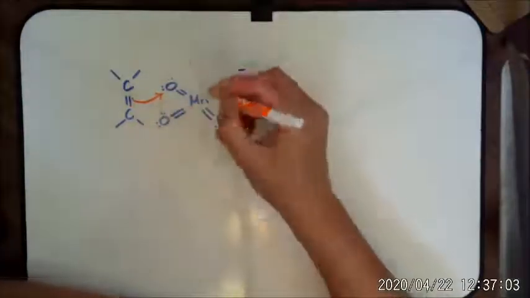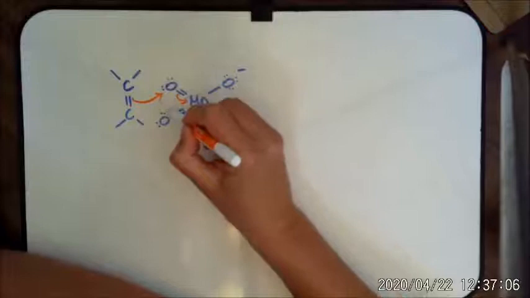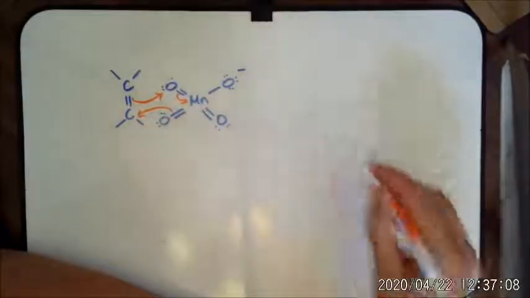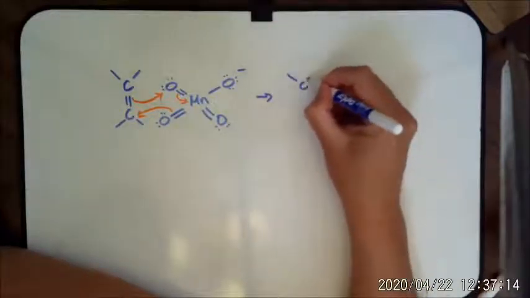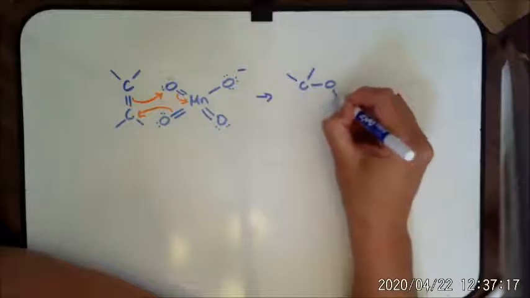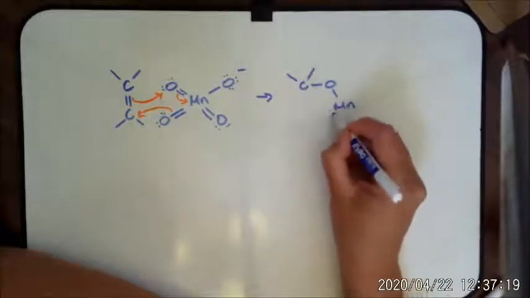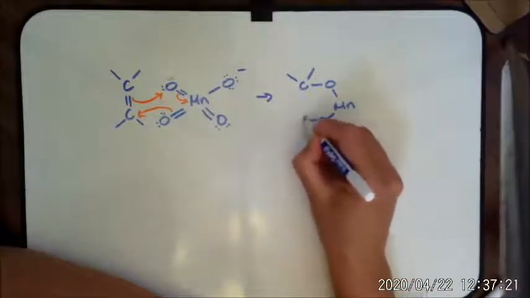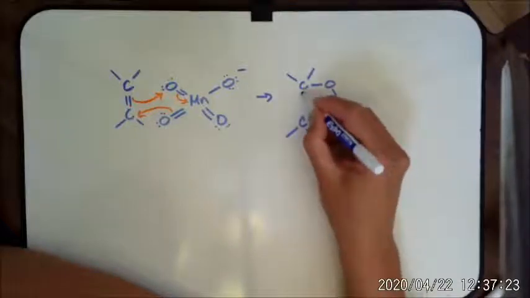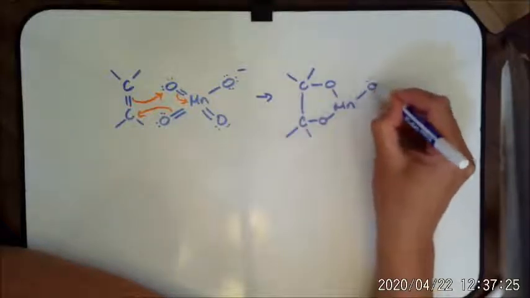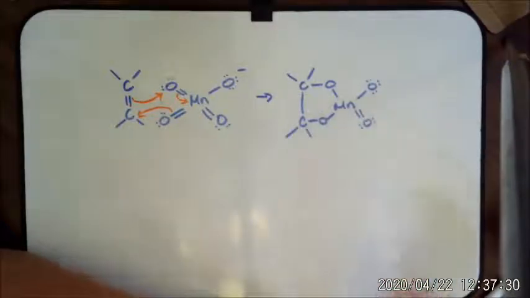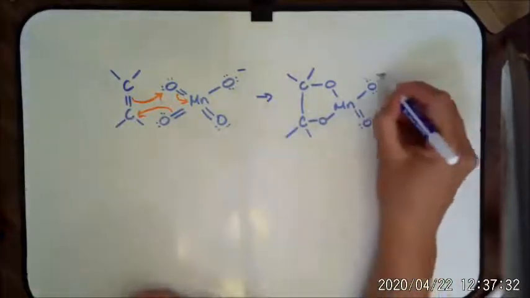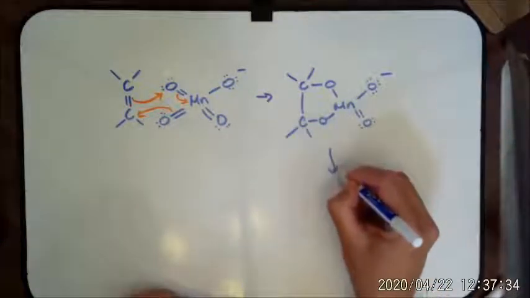The blue bond attacks this, that goes there, that goes there, and you form your manganate ester. And this is what happens when you add your hydroxide.